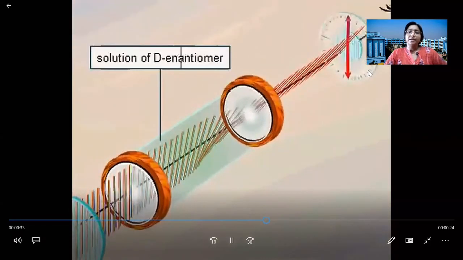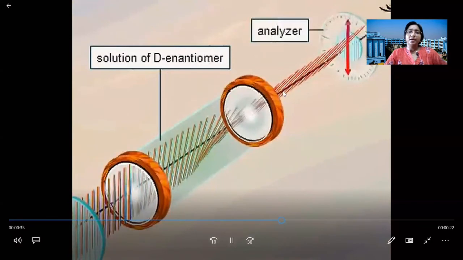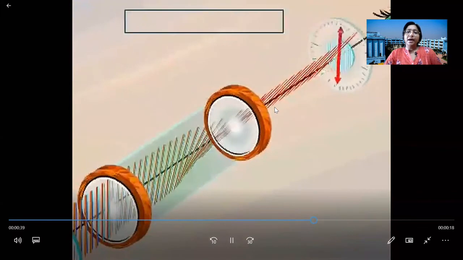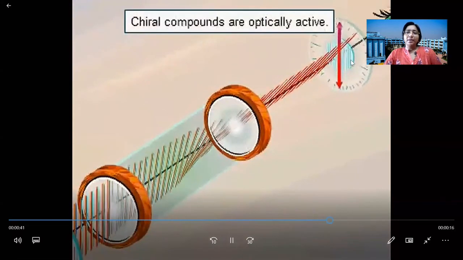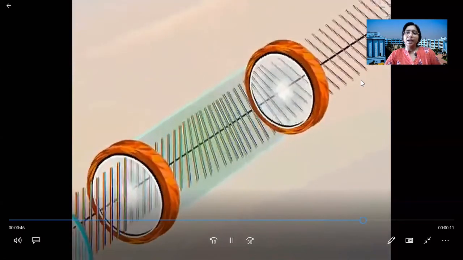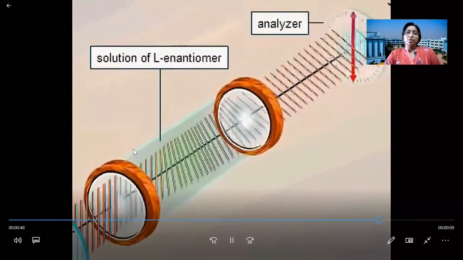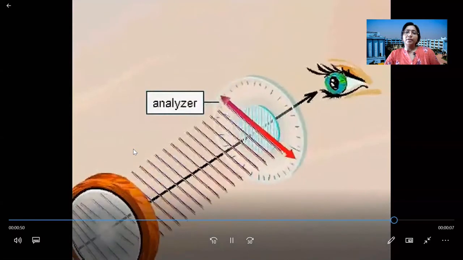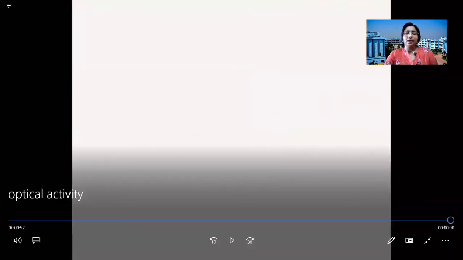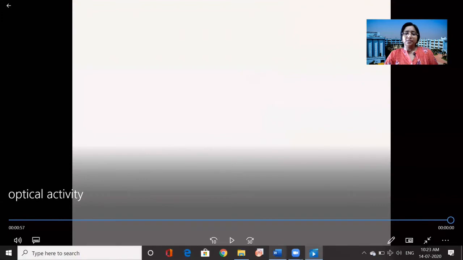Now if there is any molecule, say lactic acid or anything, if it is chiral and optically active, it can rotate the direction of the light. Here an analyzer is used, so you can measure which direction it is moving, either clockwise or anti-clockwise.